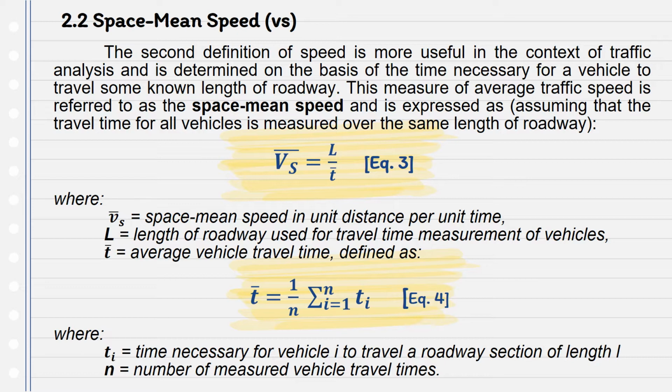T̄ is the average vehicle travel time, defined as 1/N times the summation of Ti from i = 1 to N, where Ti is the time necessary for vehicle i to travel a roadway section of length L, and N is the number of measured vehicle travel times.